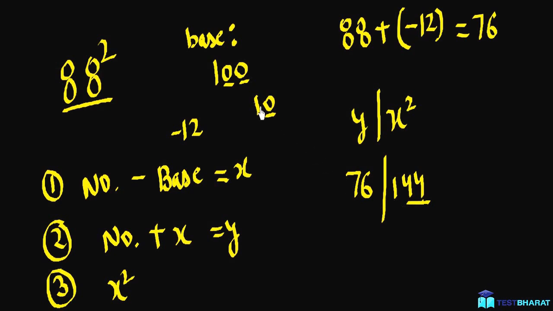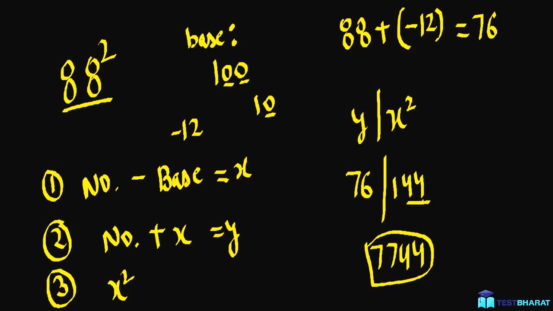But in this case our base was 100, so I just keep 2 digits here, and the carry forward will be 1. I'll carry it forward and add it to 76. So 7744 is our answer.